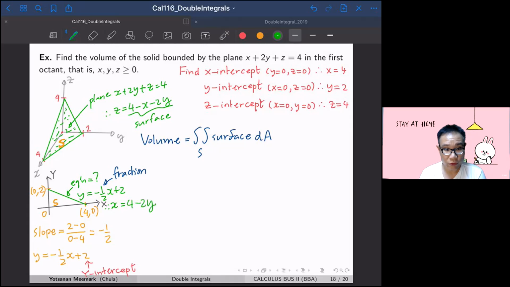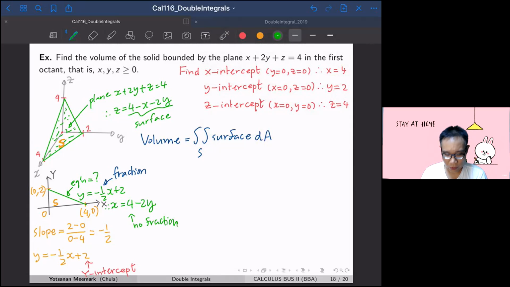You solve for x, basically you just move 1/2 x to the other side, and you have 2 minus y, multiplied by 2, so it's going to be 4 minus 2y. Okay, so you see here there's no fraction. So in this case, this one should be easier.